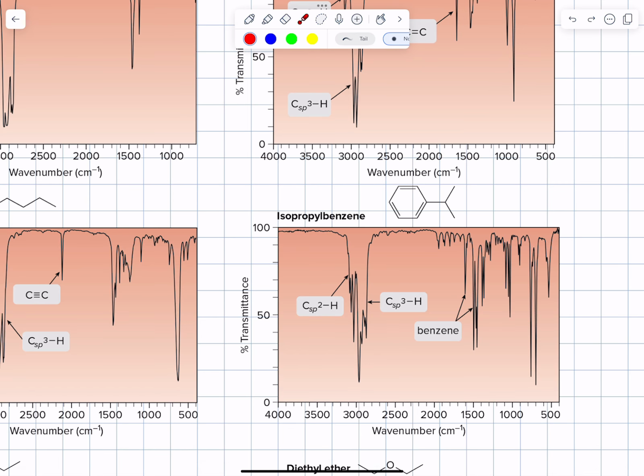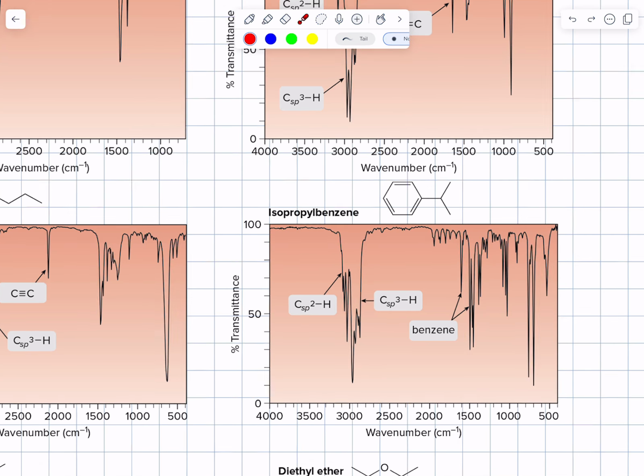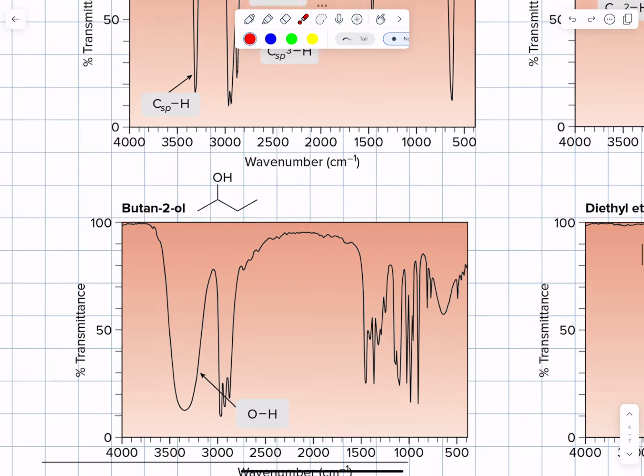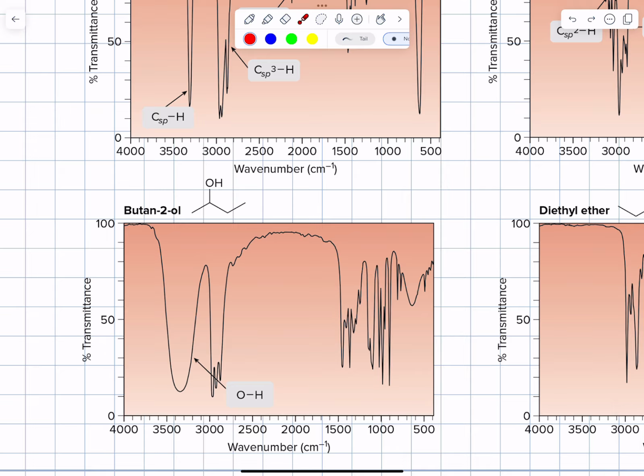Isopropyl benzene, this is messy enough that it would be difficult to interpret. So I wouldn't really bother. I would look at this and I would say, well, it's got some CH bonds in it, and it looks like it might have some carbon double bonds in it, but other than that, I got nothing. Okay, butanol, CH bonds here and an OH group there.